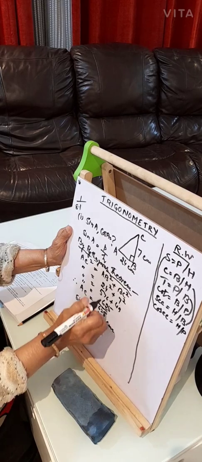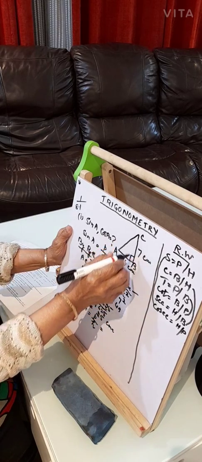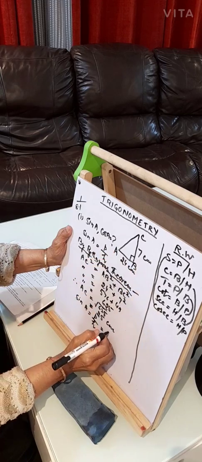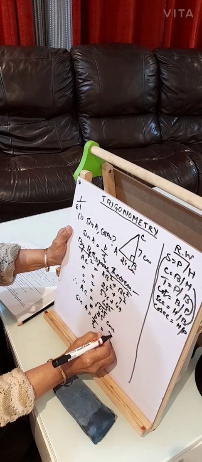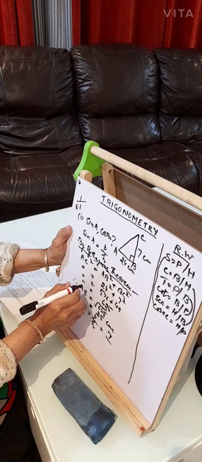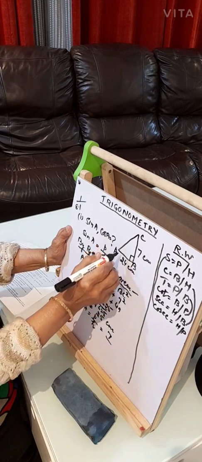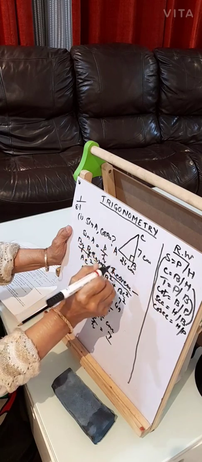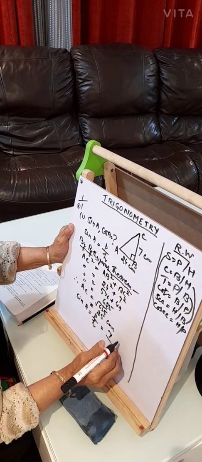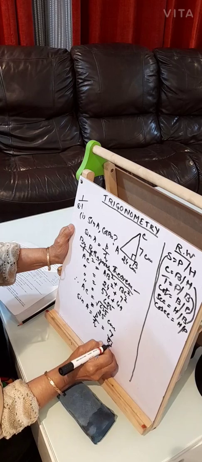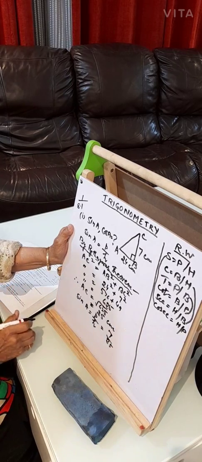How much is P? Perpendicular, it is 7. How much is H? H is equal to 25. Just now you found out the value. So sin A is 7 over 25, P over H.